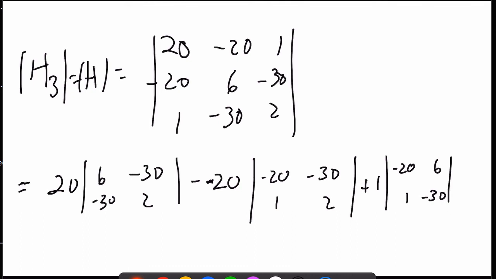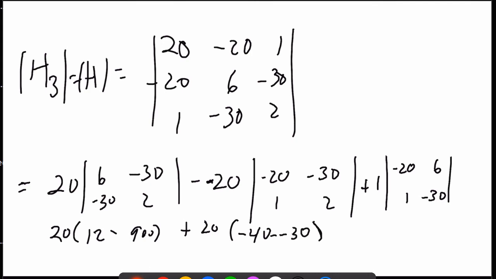And we can solve all that, and it's miserable, right? That's 20 times 12 minus 900 plus 20, because 2 minuses, right? It's a plus. Minus 40 minus a negative 30, right? That would be like plus 30 plus 1 times 600 minus 6, right?